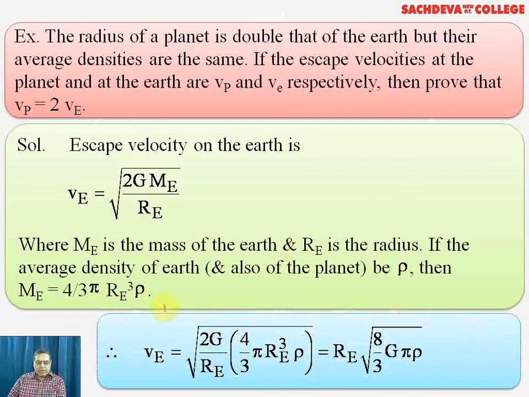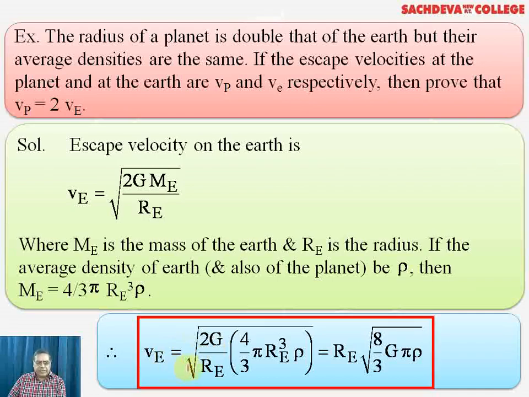So from that equation, we will estimate the value of Ve. Me is known to us. Now just observe the equation Ve is equal to under root 2GMe over Re, where Me is written, we can put the value of Me, and that is 4 over 3 pi Re cube rho.